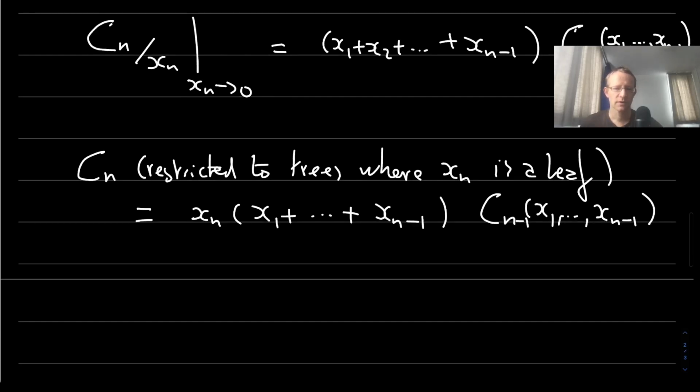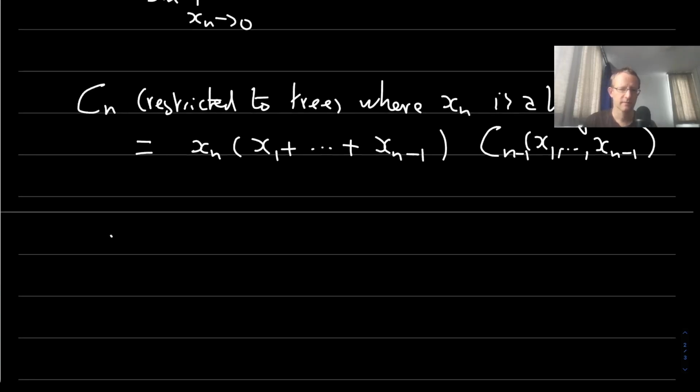So indeed, now if xn is a leaf, so if the nth vertex is a leaf, and I have a tree of n minus 1 vertices, then I can attach this nth vertex to any of the other vertices.